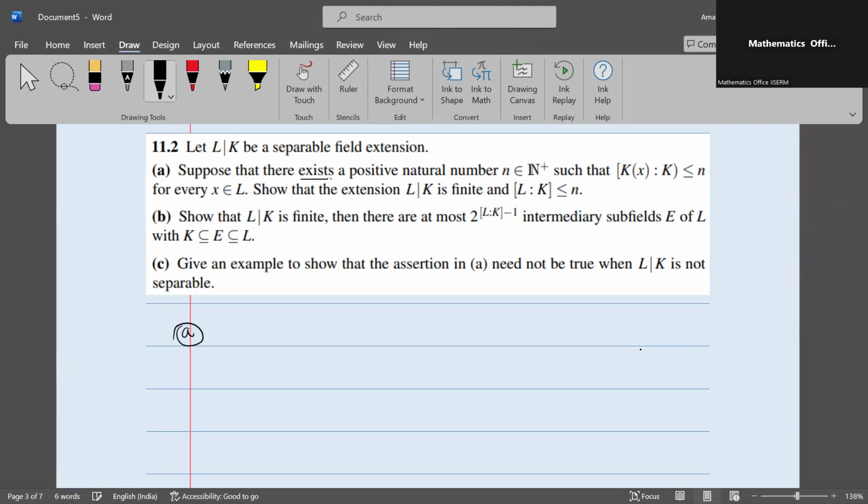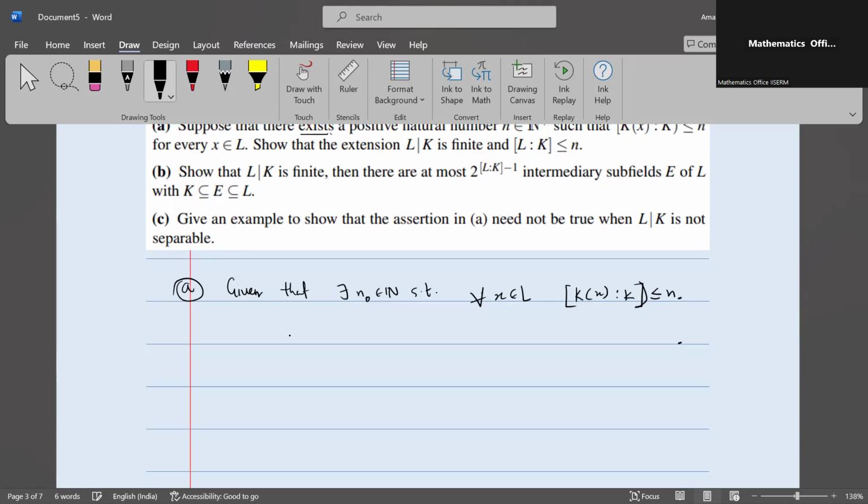In part A, we are given that there exists n, because it is fixed, we can just write n naught in the natural numbers, such that for every x in L, the degree of extension k(x) over k is less than or equal to n naught. So this is given.